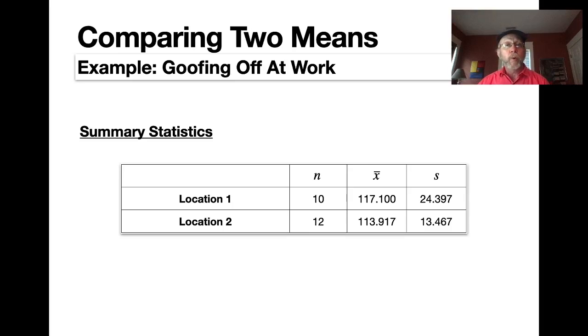Of course, we're interested in the larger question. Does this difference in the sample means give us good or statistically significant evidence for a difference in the actual population means? If we look at the populations of all employees at location 1 and all employees at location 2, would we see a difference in those population means?